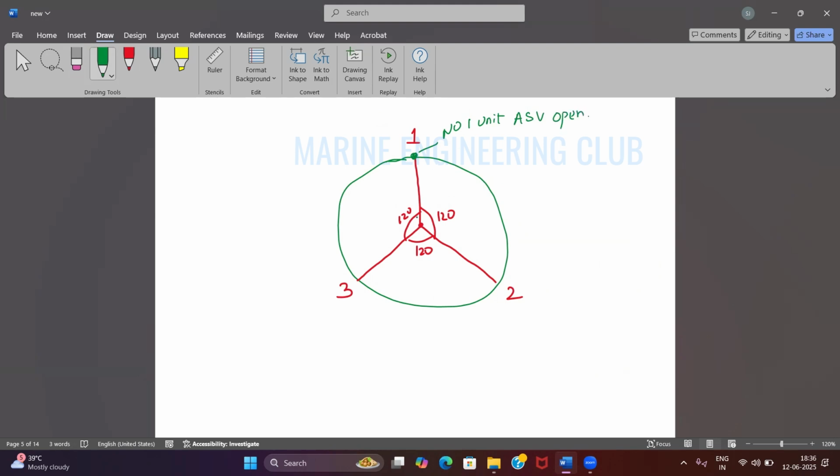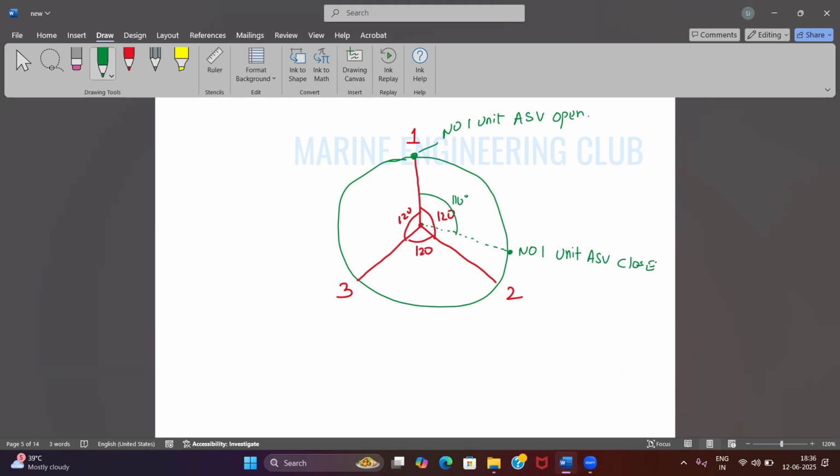Till how much degree will it go? 110. Suppose this angle is my 110. So here somewhere my number one unit air starting valve will close. Agreed?